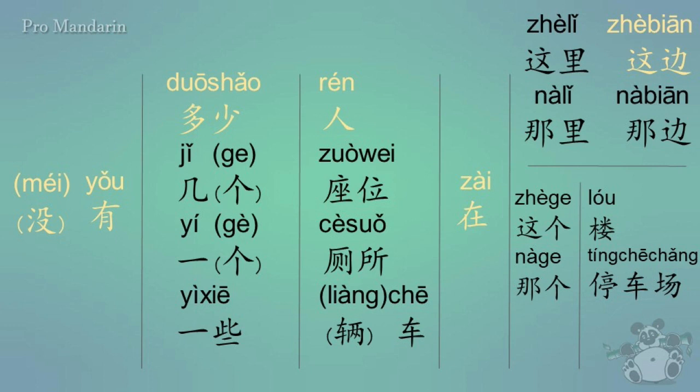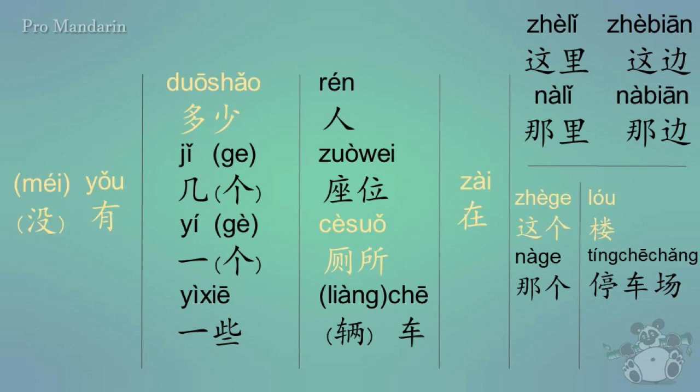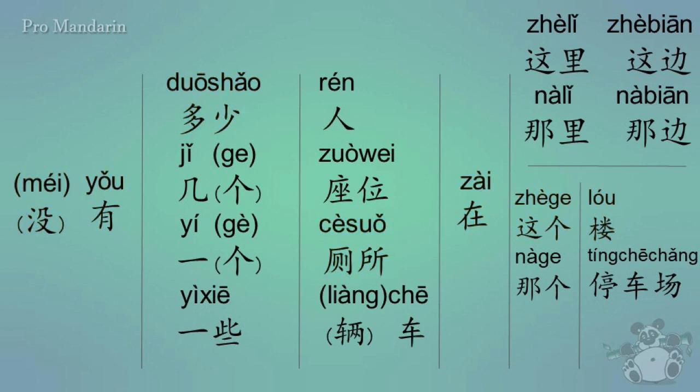Now, if you were to say, let's say, there are hardly any restrooms in this building, maybe there's too many people and there's too few restrooms, you might say something like, 没有多少厕所在这个楼. Again, by saying that, you're saying there are hardly any restrooms in this building.